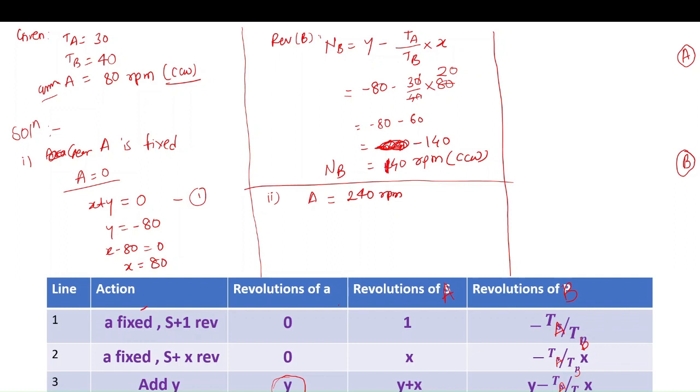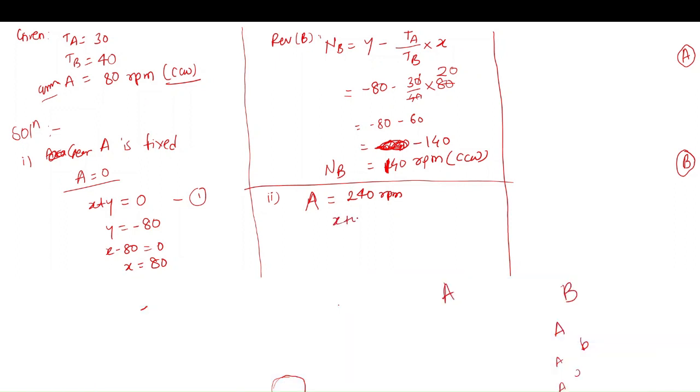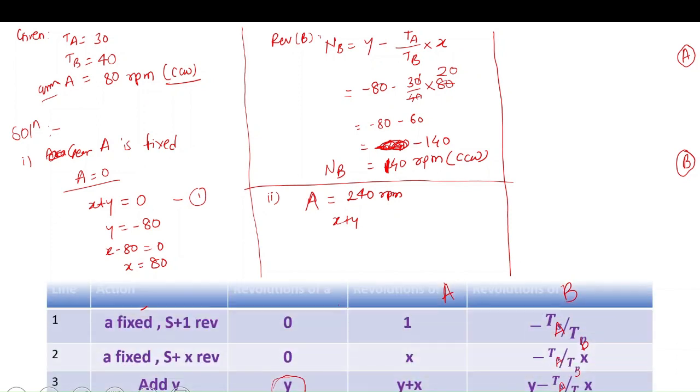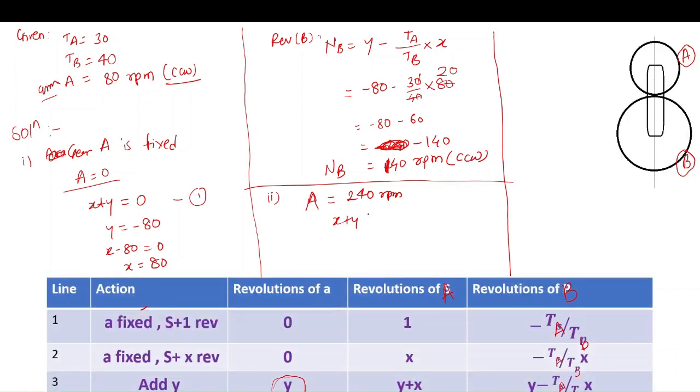So A revolves at 240 rpm clockwise. Yes, this is positive. A equals 240. What is the revolution of A? x plus y. x plus y equals 240.